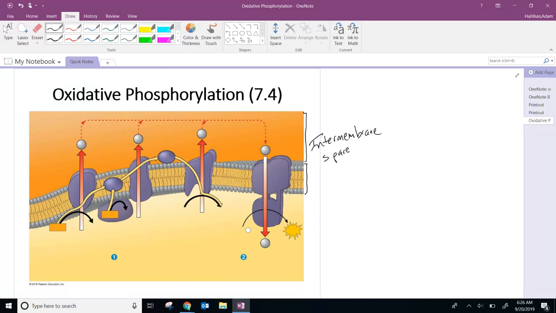If you said cell membrane slash phospholipid bilayer, that's correct. In this case, though, we're calling it the inner mitochondrial membrane. And then lastly, the portion at the bottom is what is called the mitochondrial matrix.